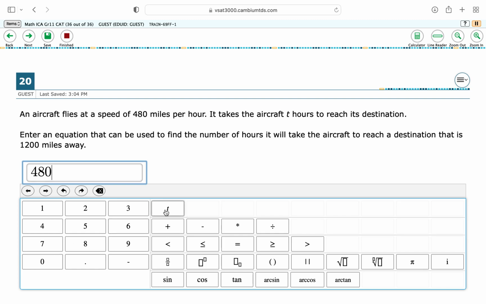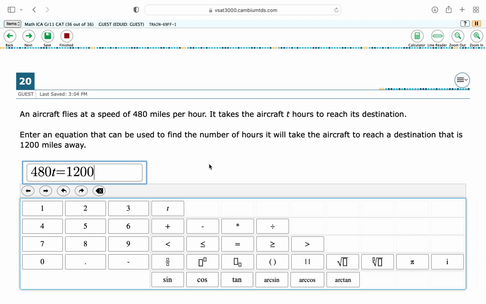Notice the variable now is t for time, so they changed that variable for you. The same interface that you used before on the last problem. And then equals, because it's asking for an equation, so there should be an equal sign in there. 1,200. Oops, that's a little too many. So there's my equation that I am putting in.